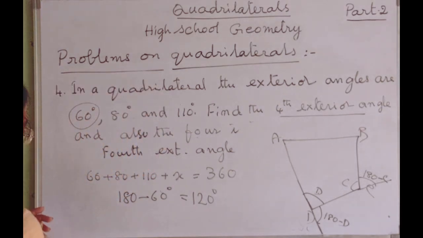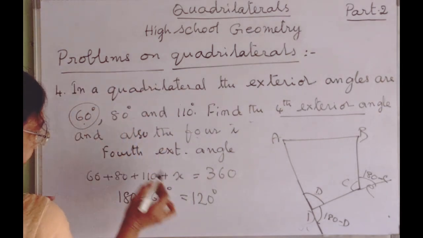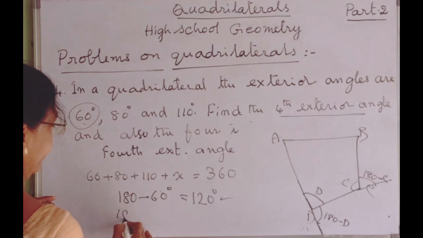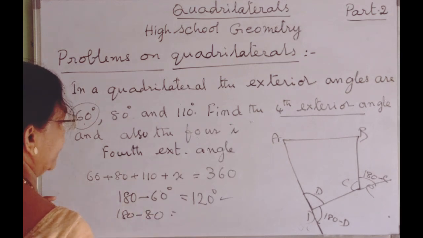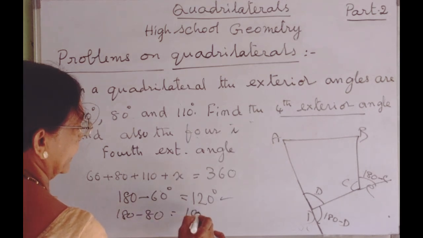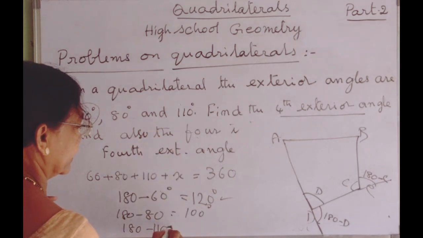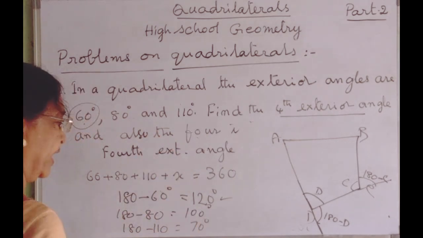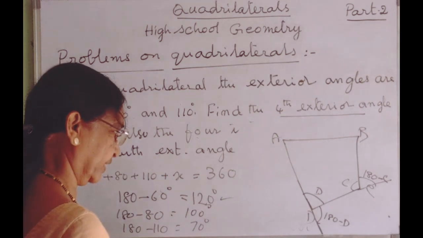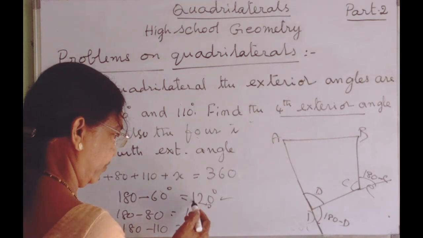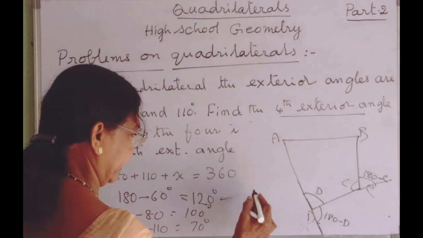Therefore interior angles are 180 minus 60, that is 120 degrees, 180 minus 80, that is equal to 100 degrees, and 180 minus 110, that is equal to 70 degrees, and the fourth one is 360 minus the sum of these, 120 plus 100 plus 70 is 290.